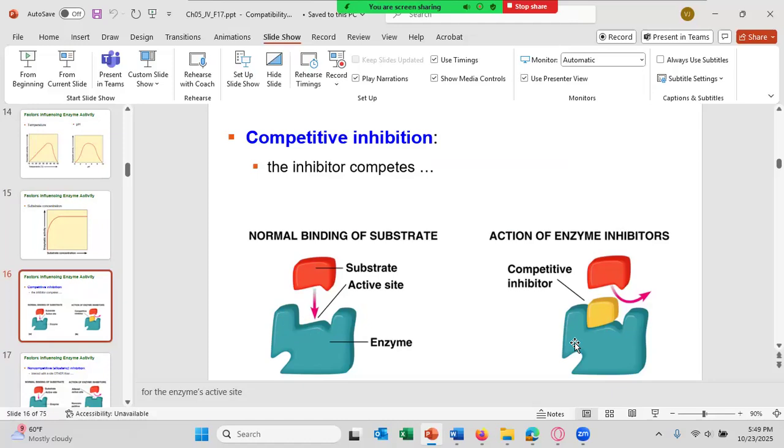And that's competitive inhibitor. The competitor competes with the substrate for position in the active site, and that way the substrate cannot bind to the active site. Any question about any of that?